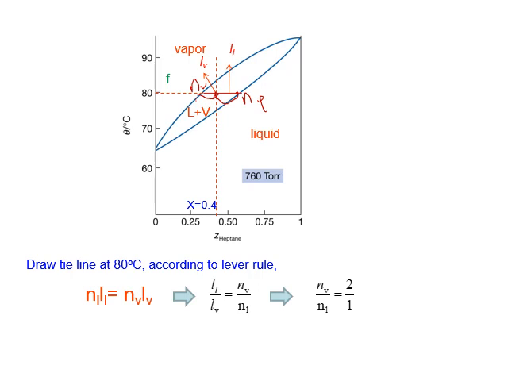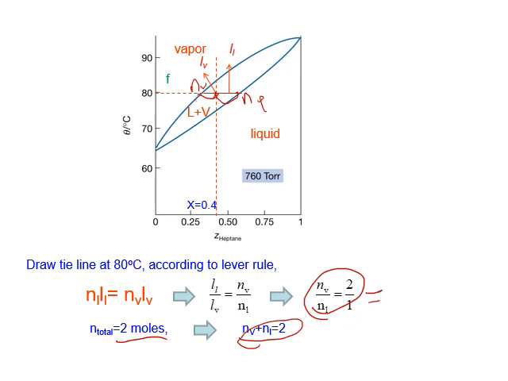To find out exactly what N_V is, we need one more equation, and that is the total number of moles is 2 moles. How do you know that? It says you add 1 mole each, and therefore the total is 2 moles. Combine these two equations and you can solve for N_V. One way to do it is that this equation says N_V equals twice N_L.